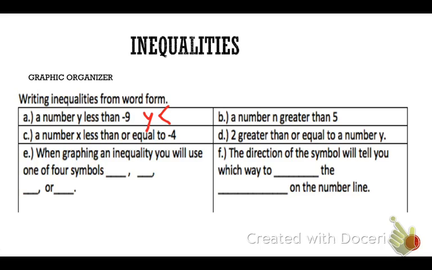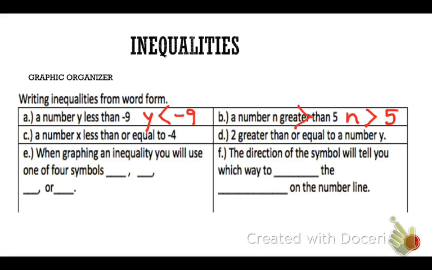It's going to eat the other number. That means the other number is bigger, which is -9. So y is less than -9. B, a number n, that's our variable, greater than, that means it's bigger than 5.